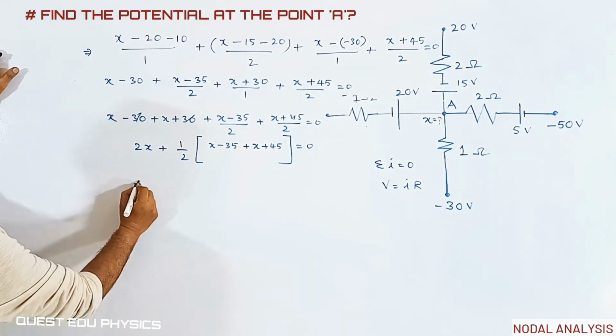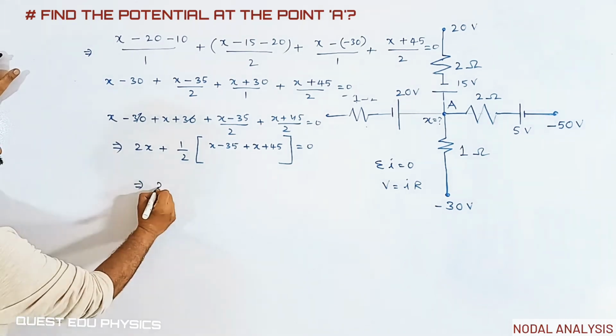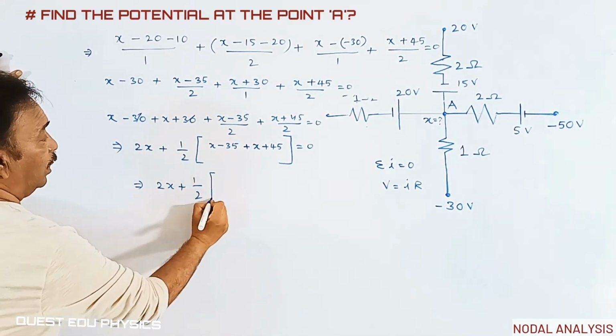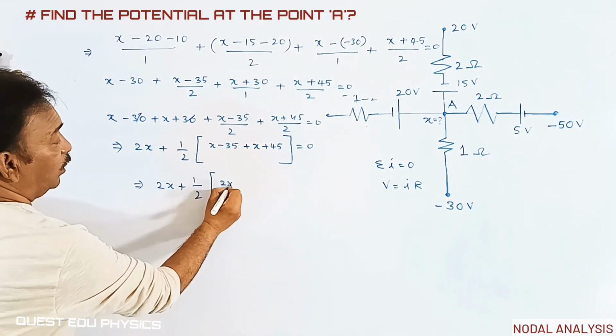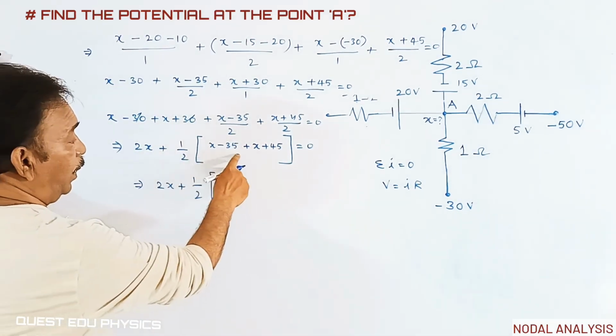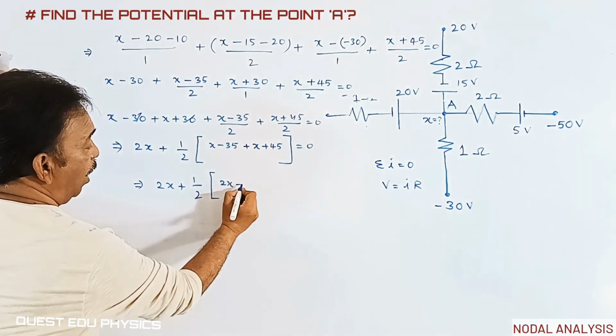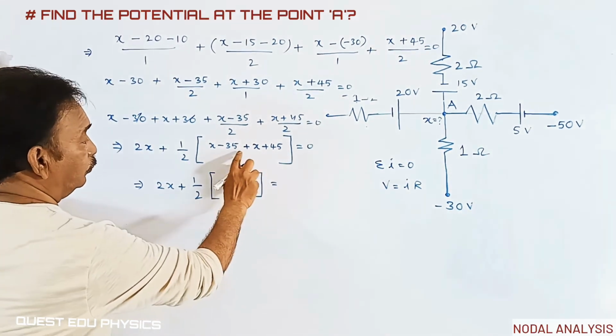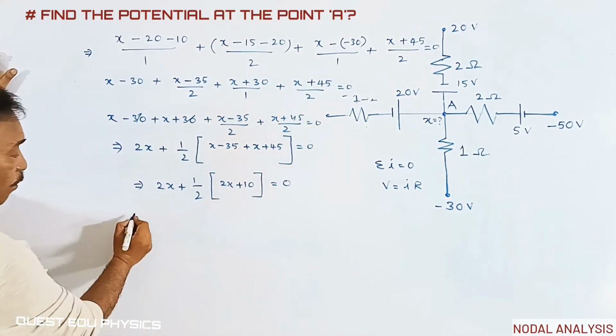Then it can be written as 2x plus 1 by 2 into X plus X, 2x, plus 10 is equal to 0.